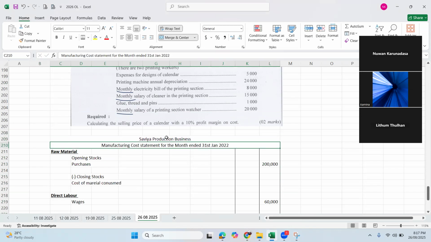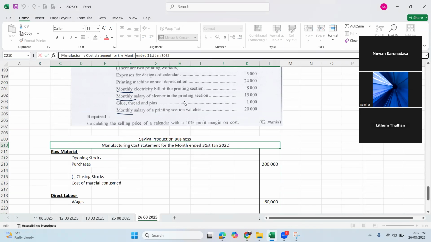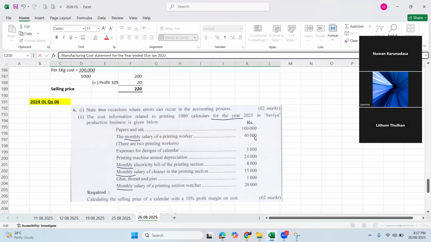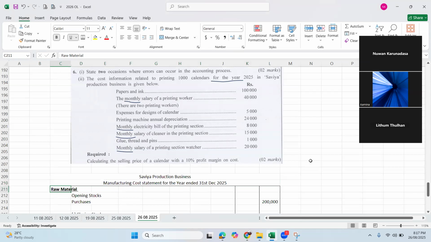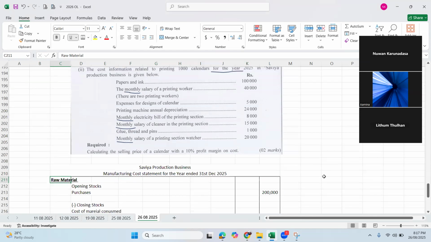Manufacturing cost statement for the year ended, not month, year ended 31st December 2025. So this is for the year 2025.